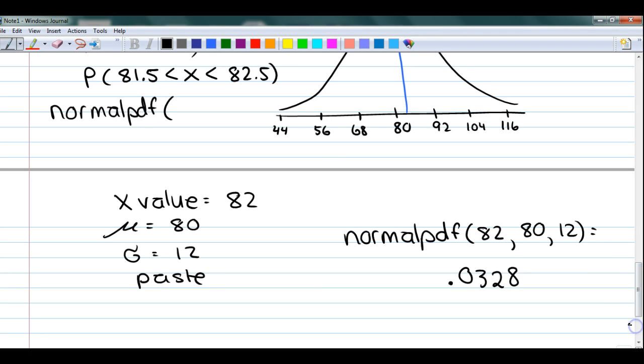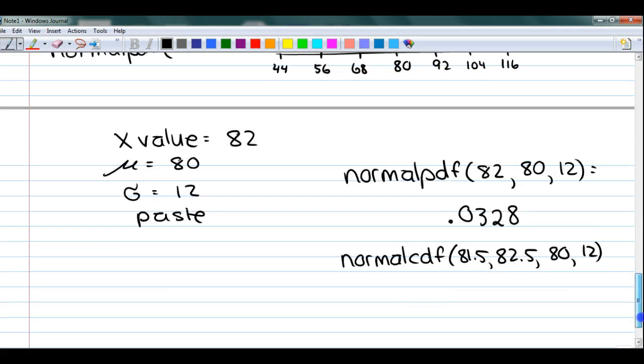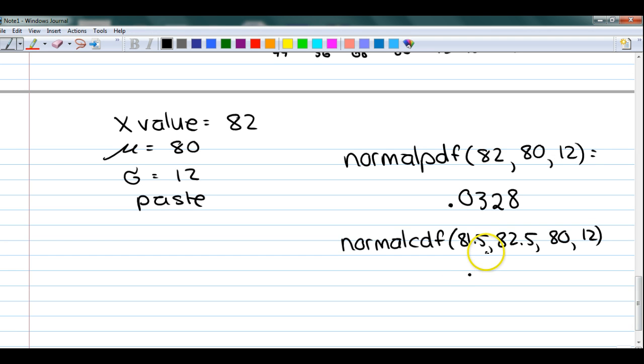What if I did normal CDF from 81.5 to 82.5 with a mean of 80 and a standard deviation of 12? If I round to the 4th decimal place, it comes out exactly the same.